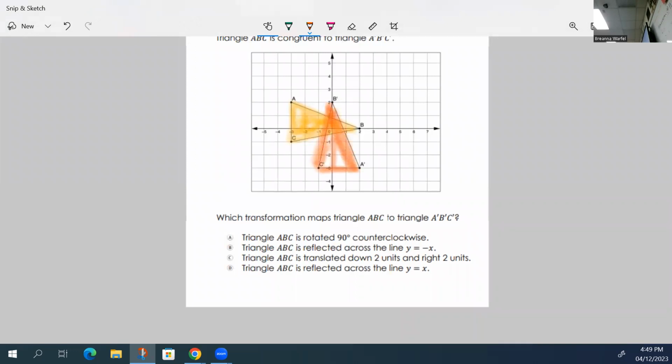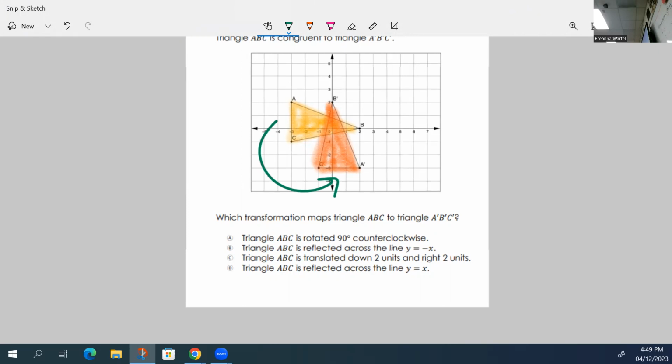Okay, so when you're rotating, your points aren't going to match. I think some of you, when you move them, if you were to turn A, B, C this way, then B would go to B prime, but that means C is going to go to A prime and A is going to go to C prime.